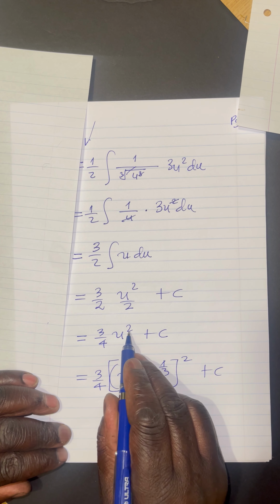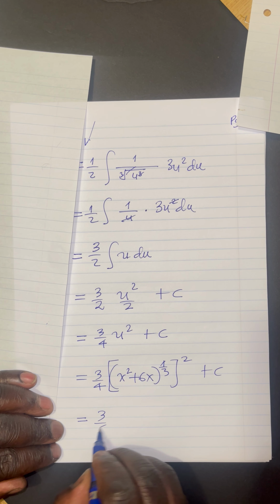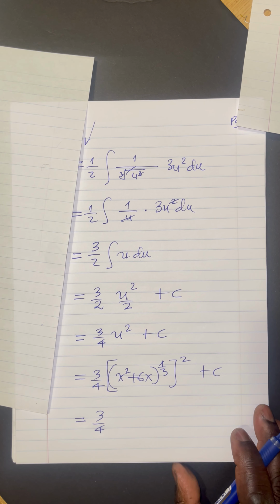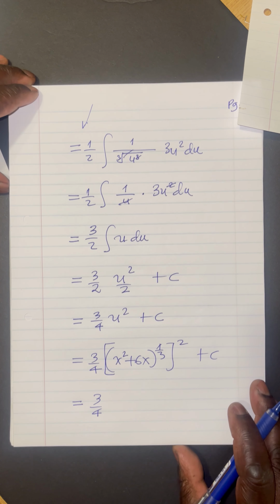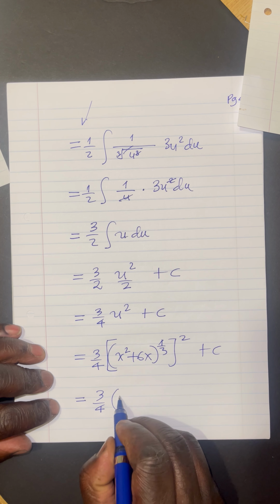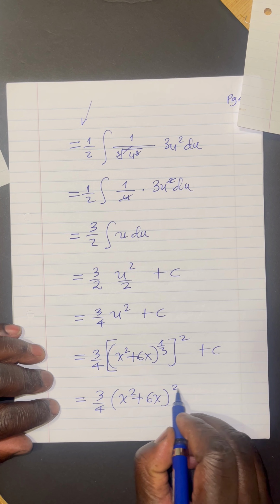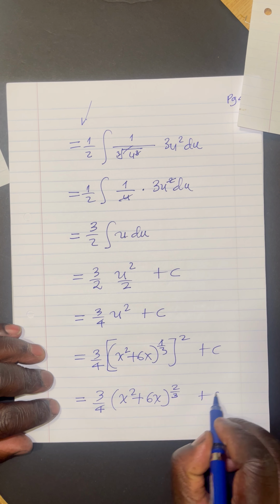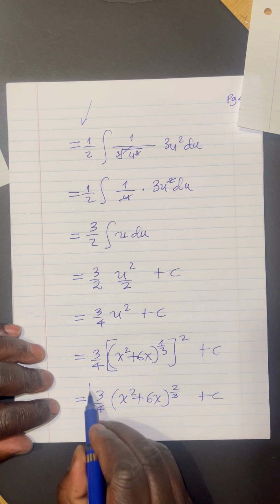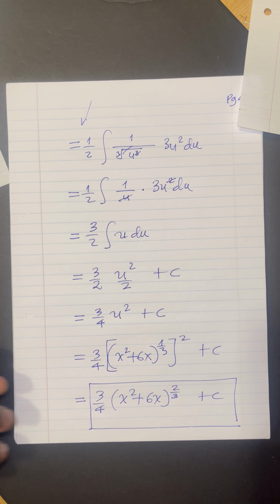Remember, we have u squared there. Simplifying this part, you'll agree with me that this is just 3/4 of, watch this, x squared plus 6x to the power 2 over 3, and then plus c. This is the final solution to integral number 2, which is this one here.